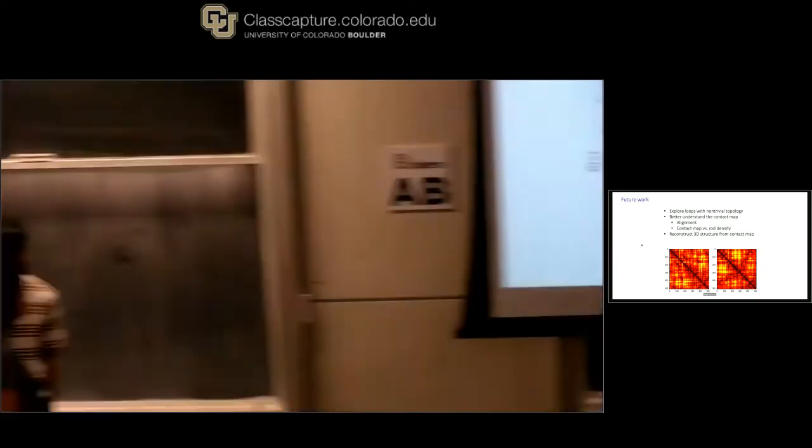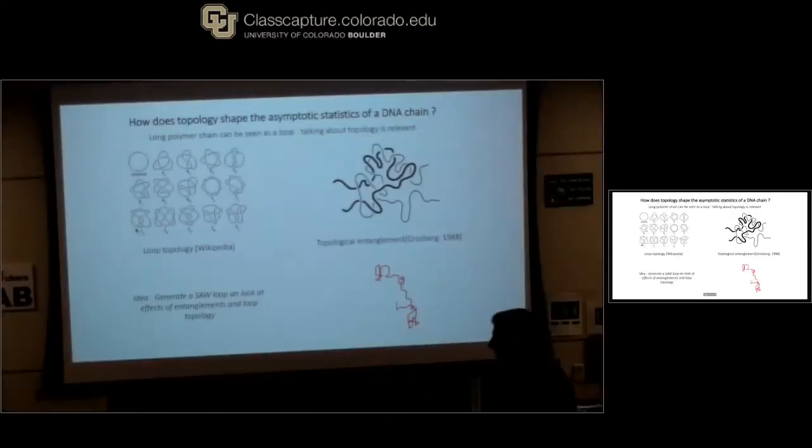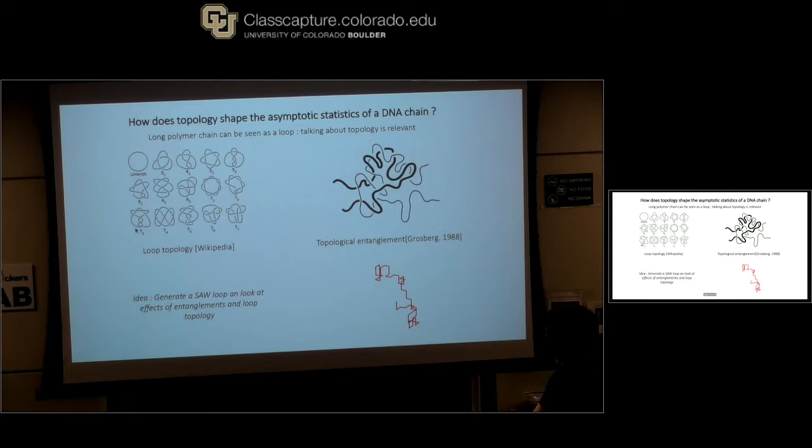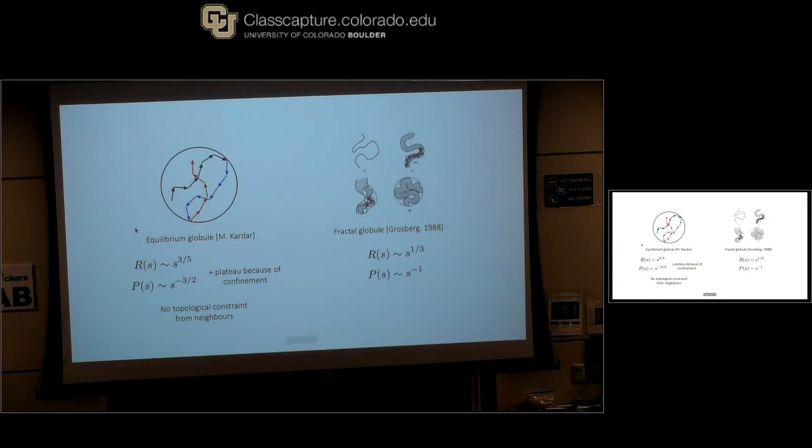If you go back to the globule here: when I say that it's topologically constrained, it means that each little globule here, or here, cannot interpenetrate with its neighbors. So in some sense, a rod would be one of these neighbors in this picture we drew.